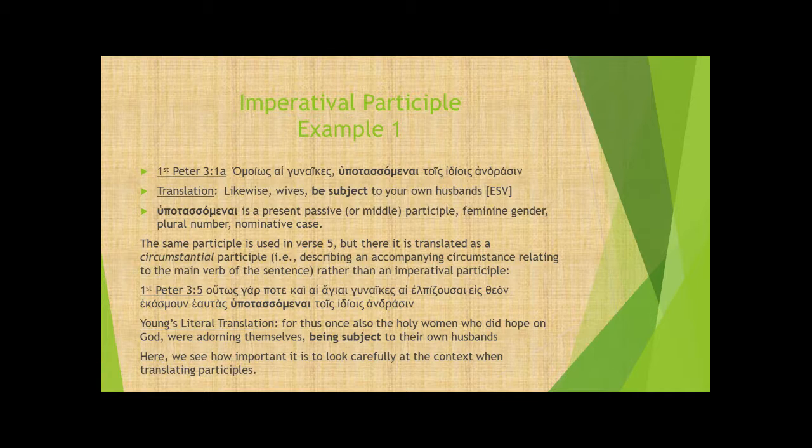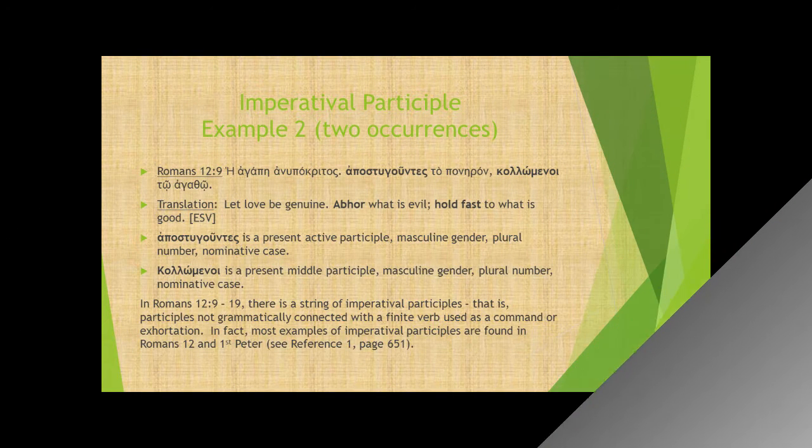Young's literal translation: for thus once also the holy women who did hope on God were adorning themselves, being subject to their own husbands. Here we see how important it is to look carefully at the context when translating participles.